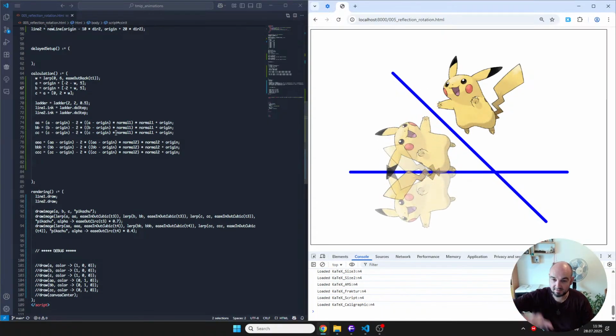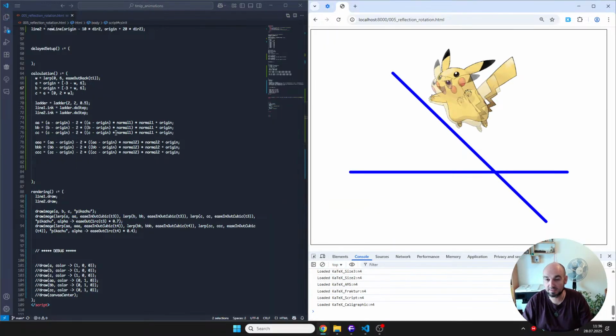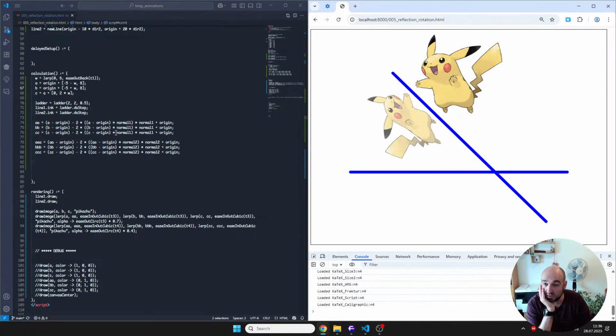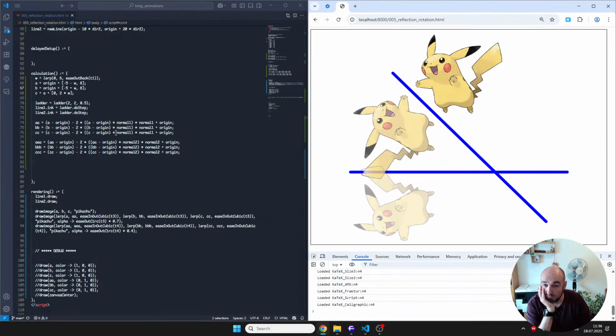I do not mind that it has a little bit of overlap because that's quite insightful, I think, but it should be a little bit less. Let's make it somewhat extreme. Fantastic. Now the Pikachu is beyond the canvas. This is very fiddly stuff which doesn't really matter.